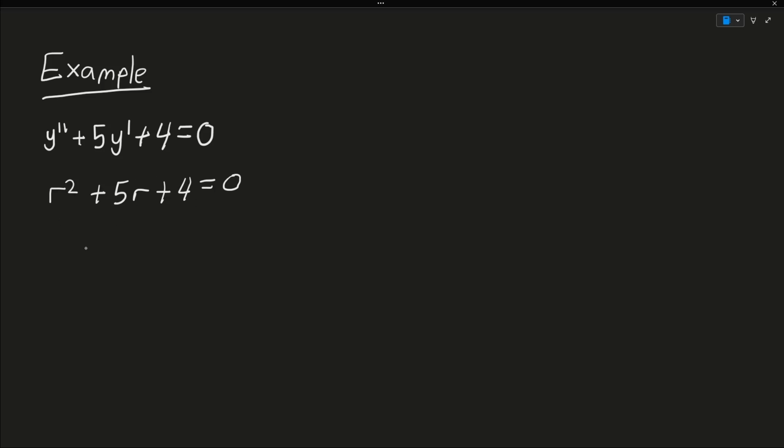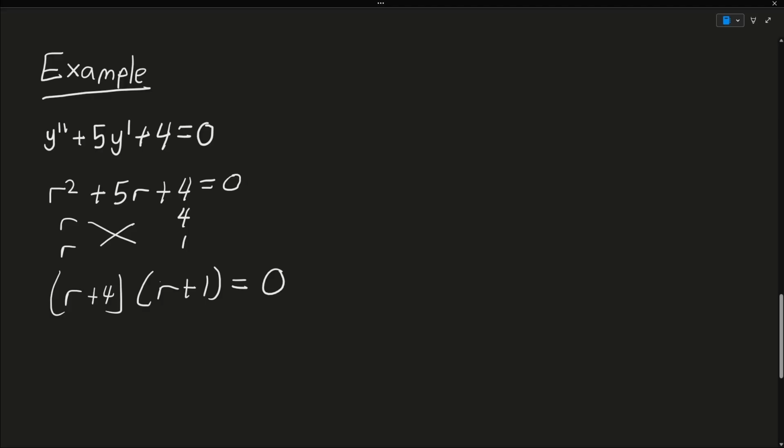This is a very nice quadratic because it can be factored using 4 and 1, and you would get r plus 4 multiplied by r plus 1 to generate r squared plus 5r plus 4 from algebra.